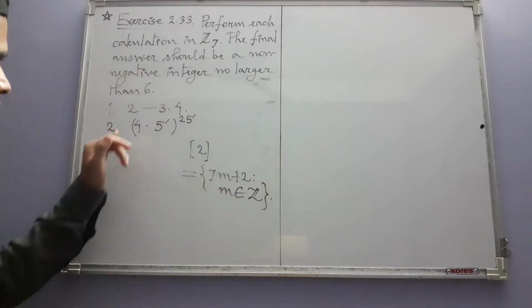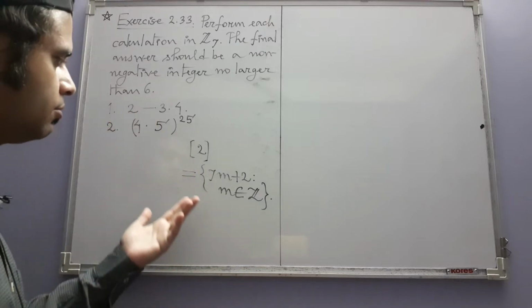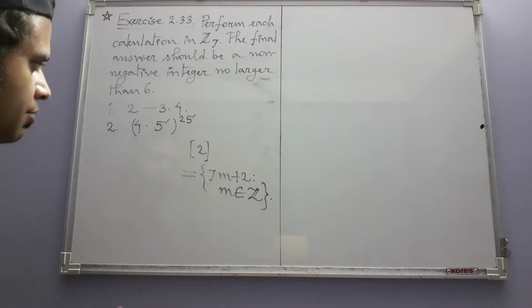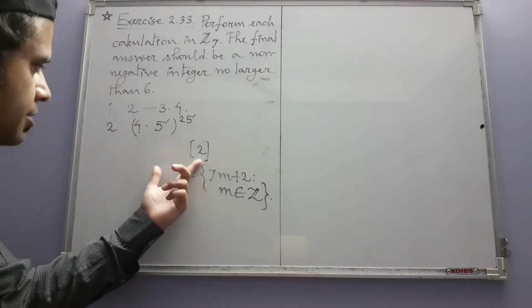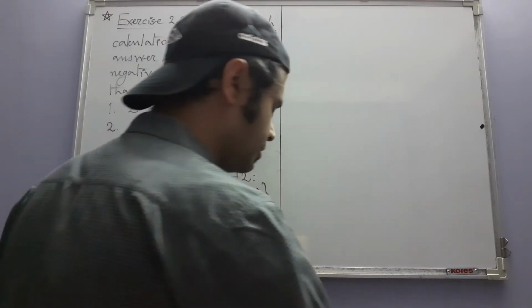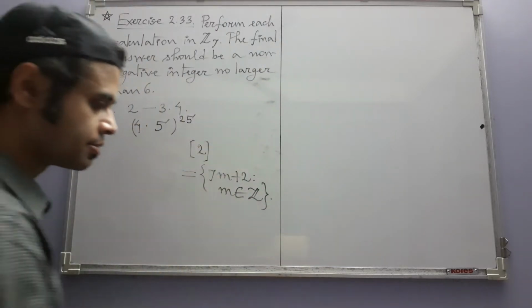So actually this 2 is not the ordinary integer 2, but a subset of the set of integers. However, we write this as 2 for the sake of simplicity, that's all. The interpretation should be like this.